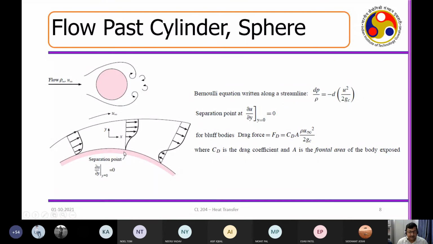And I will have a separation point beyond which I will encounter backflow. And these backflows will lead to vortices. And these vortices are essentially the origin of the turbulence, because these vortices will start mixing with each other, will create certain flow patterns, which will later become chaotic as I pump in more energy, right?